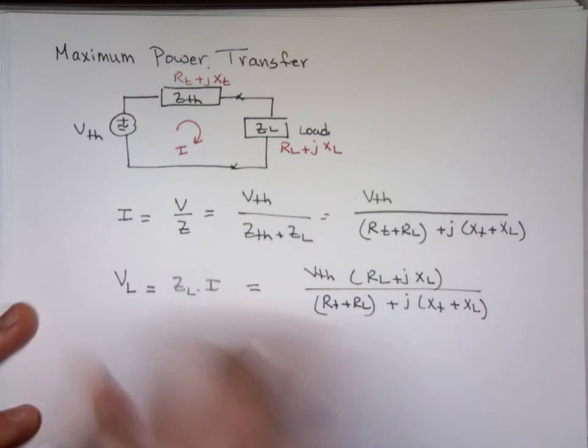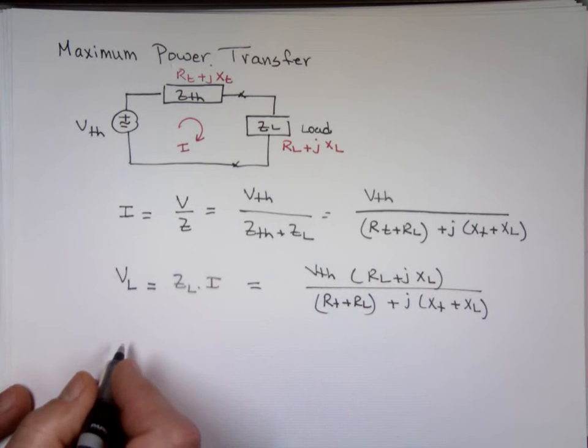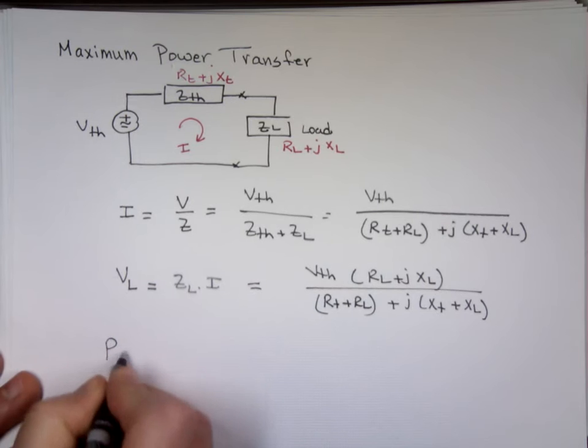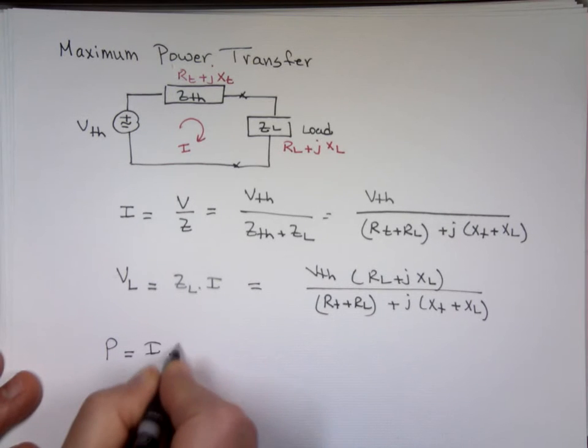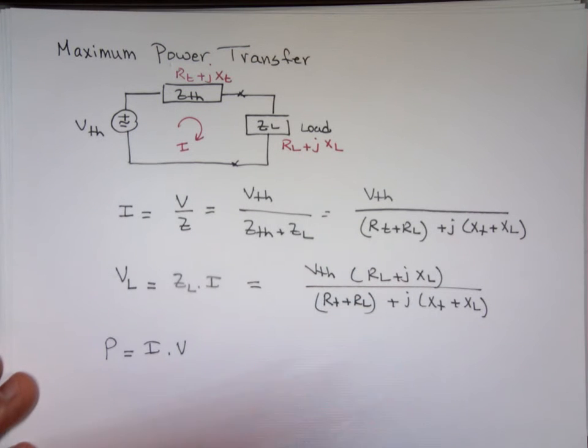I want to find what the power is now. Power equals what? Voltage times current. Maximum power transfer. You go to power, which is I times V. You multiply this by that. Well, the only difference is going to be what?